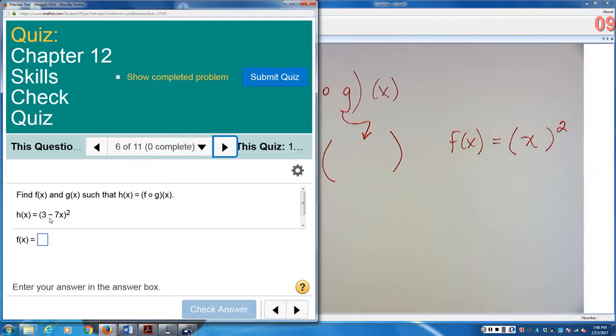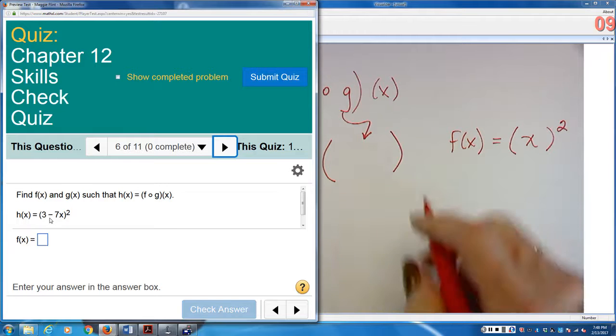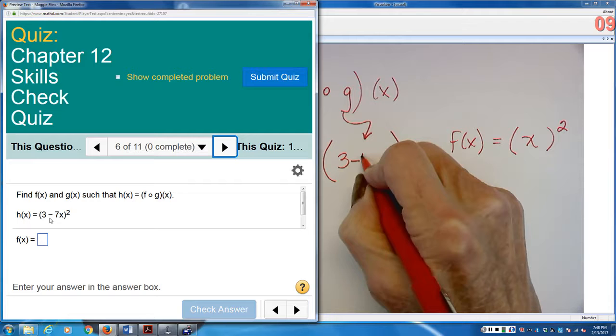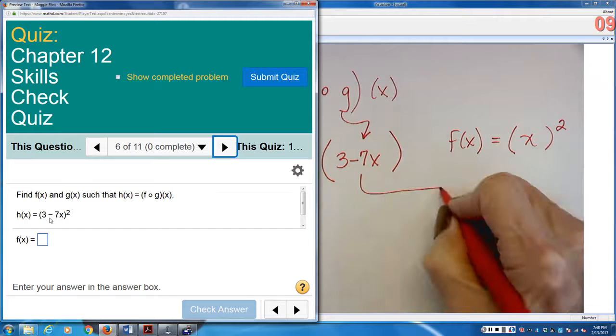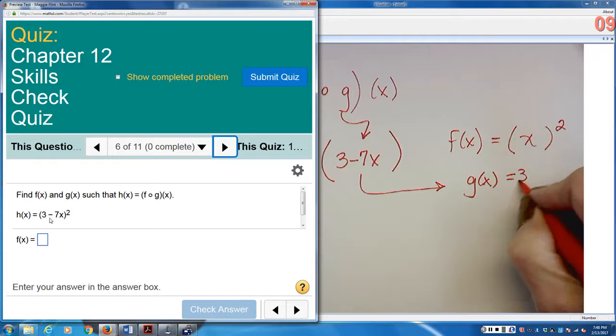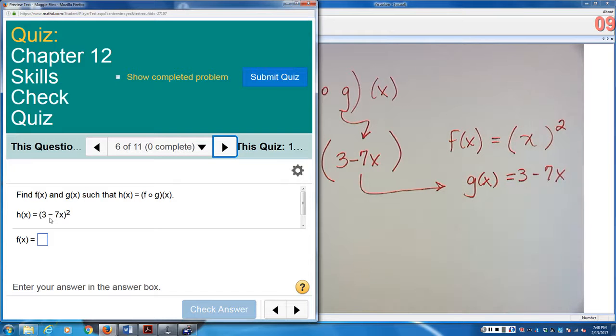So it's just the squaring function. G of x, on the other hand, is what's on the inside, 3 minus 7x. So that means g of x is 3 minus 7x.